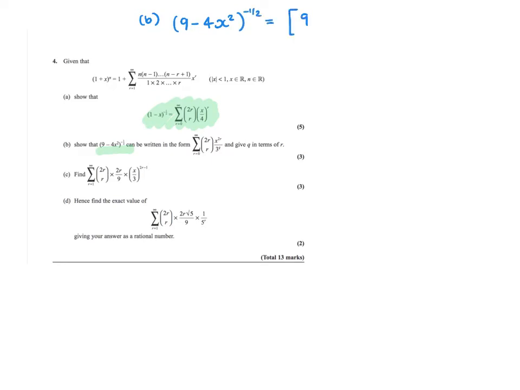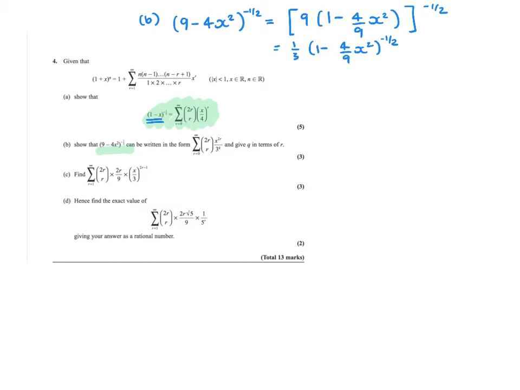So I'm going to take out the 9, 1 minus 4/9 x squared, the whole thing raised to the power of negative half. So of course this becomes a third, 1 minus 4 ninths x squared to the negative a half. So we've now written this roughly in this format here, the 1 minus being the crucial part.